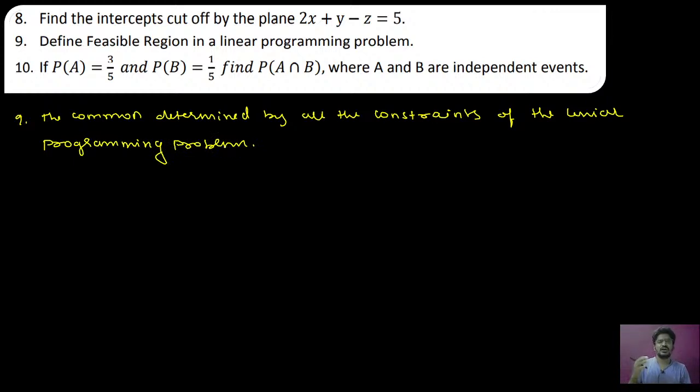The common region determined by all the constraints of the linear programming problem is called the feasible region. Okay, so this is your feasible region definition.